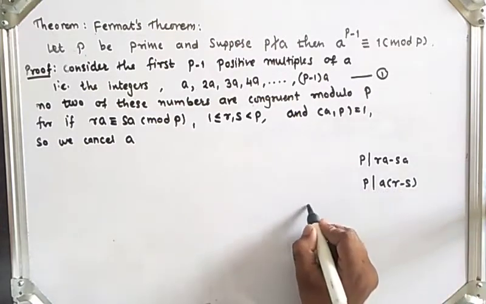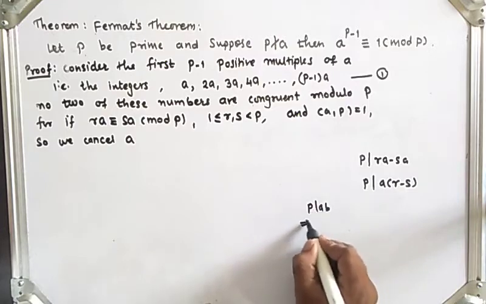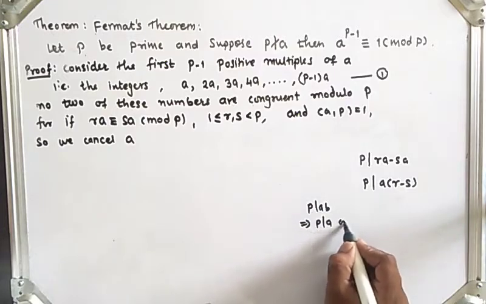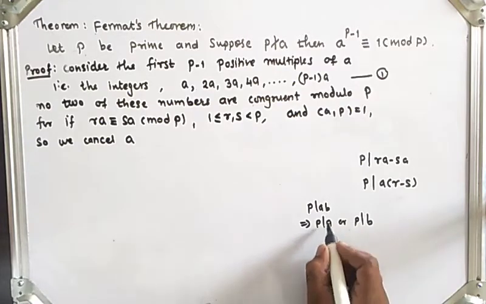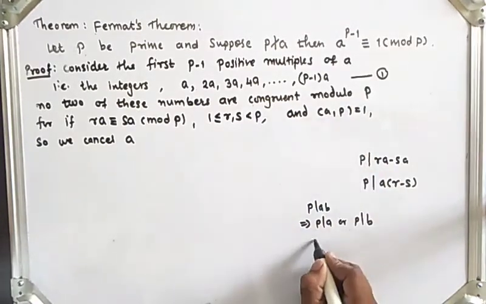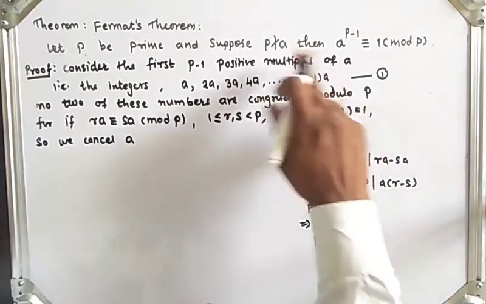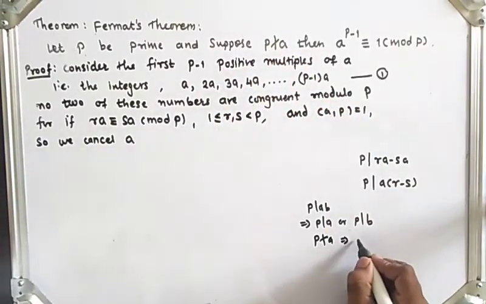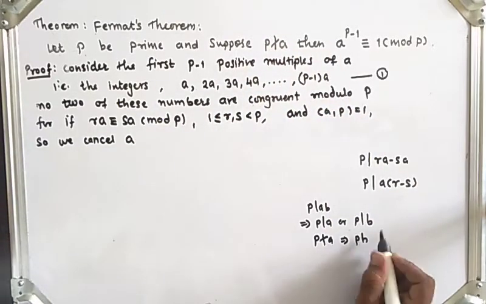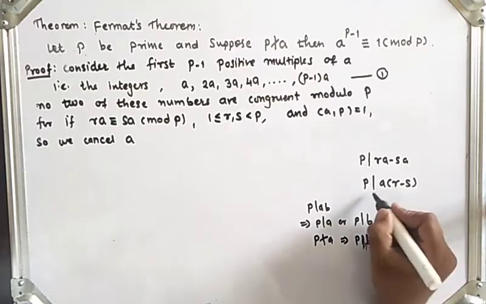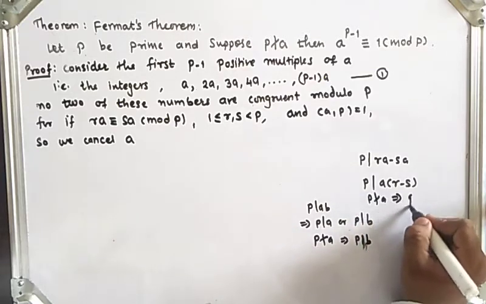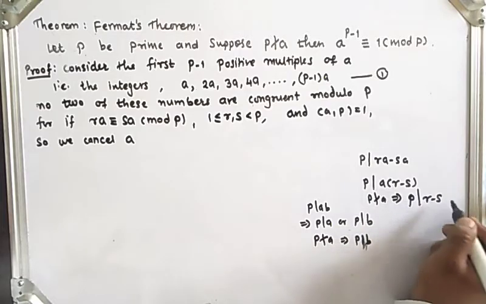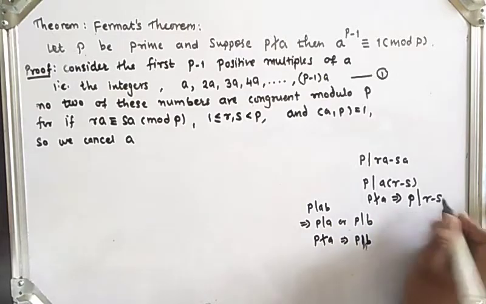Then we know that if p divides a into b, then either p divides a or p divides b, right? But the GCD of a and p is equal to 1, which means p does not divide a. So what will we get finally? p divides r minus s, and p divides r minus s means what?